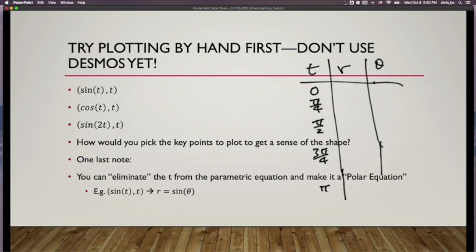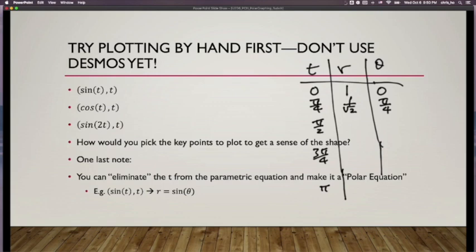Okay, when t is at 0, r being cosine of 0, cosine 0 is 1, and theta, of course, is just the same value as t. What is cosine of pi over 4? Cosine of pi over 4 happens to be also 1 over root 2. And theta, of course, is just equal to t, pi over 4.